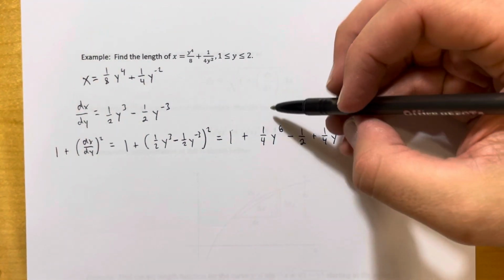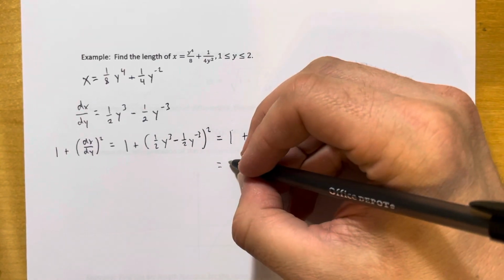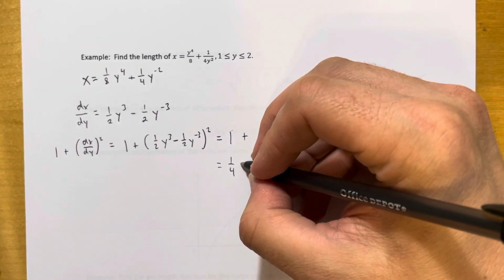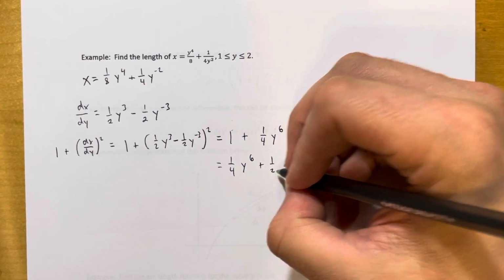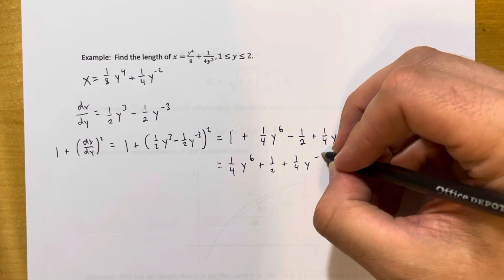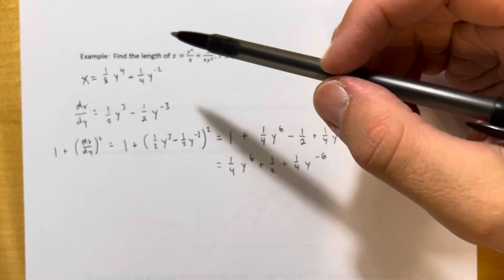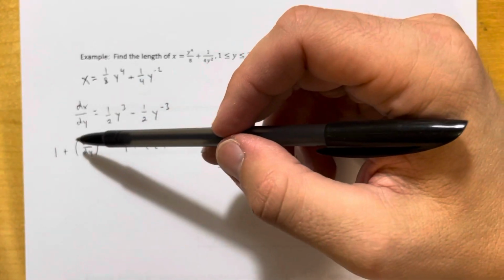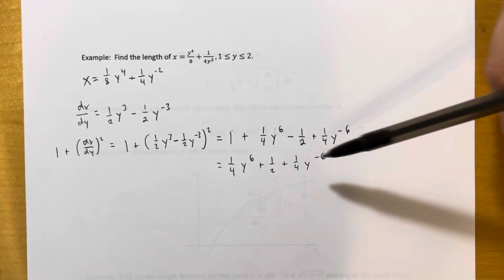Here I can combine these two, so 1 plus negative 1/2 is going to equal, well, let's get these in a slightly different order. That's going to be plus 1/2 there, plus 1/4 y to the negative 6th power. Now here's something I'm keeping in the back of my mind this whole time. This is going to be something I need to take a square root of eventually.